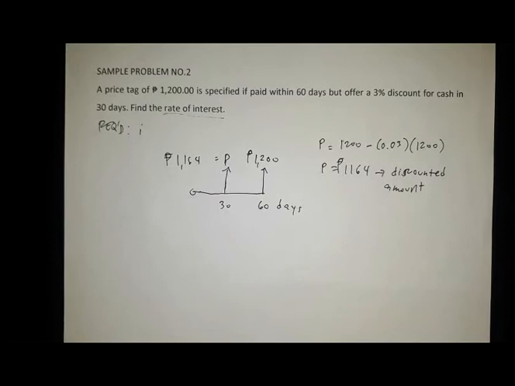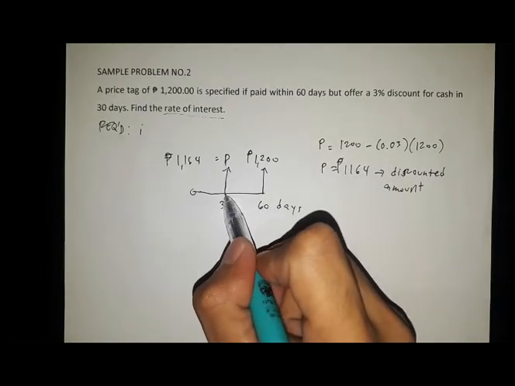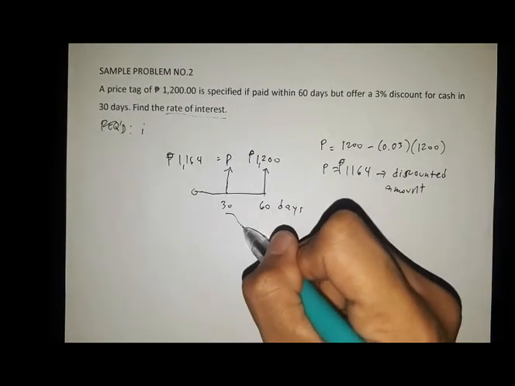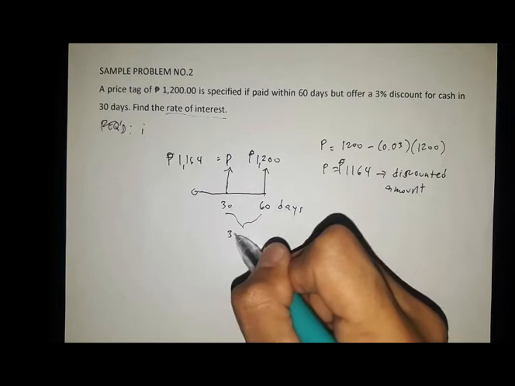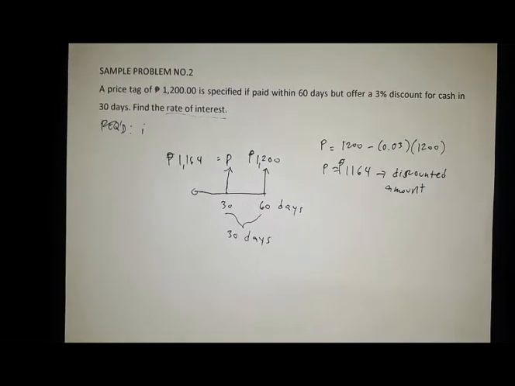So what is the period? We consider this period from the 30th day to the 60th day, so this period is equal to 30 days. Now, what is n?